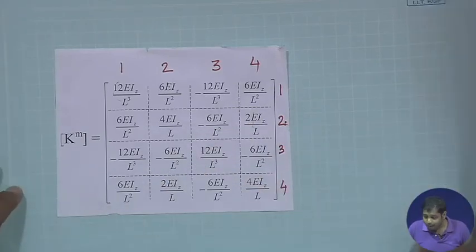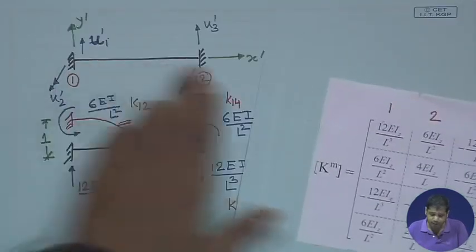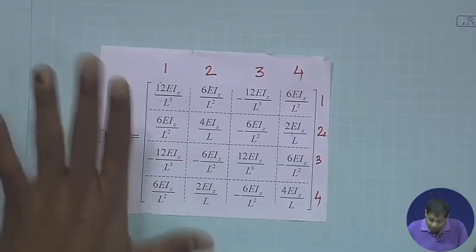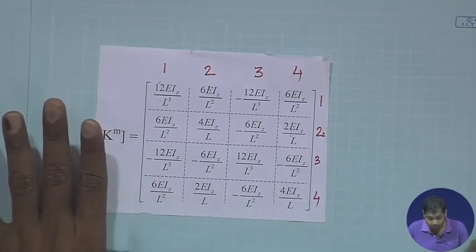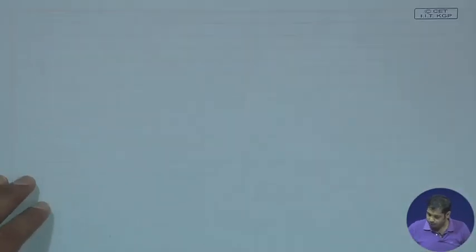Okay. Now, what happens if we, so these we obtained when there is no axial deformation considered. Now, if we allow some axial deformation, then what happens? Now, suppose the axial deformation is also allowed.